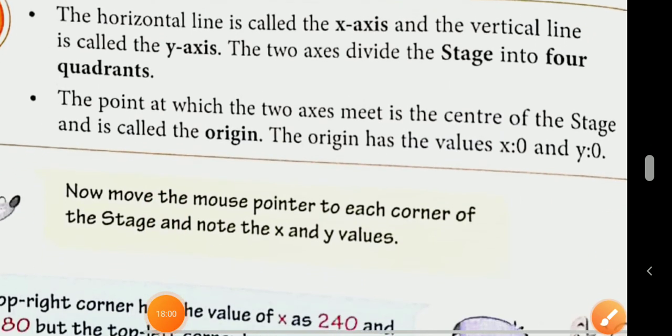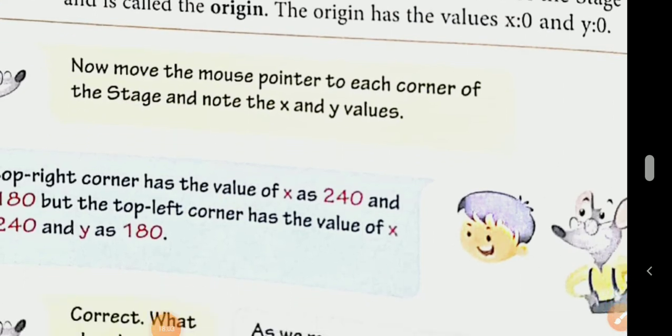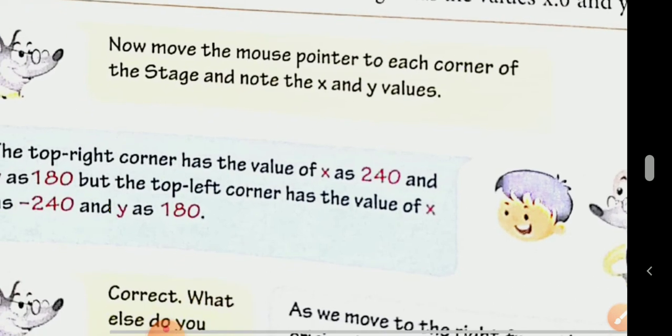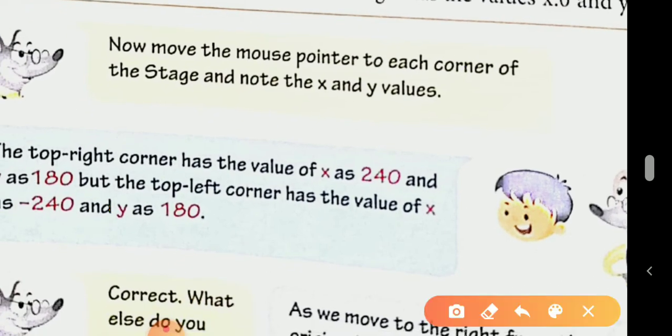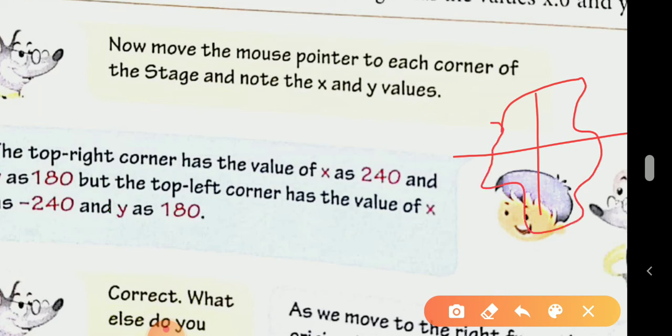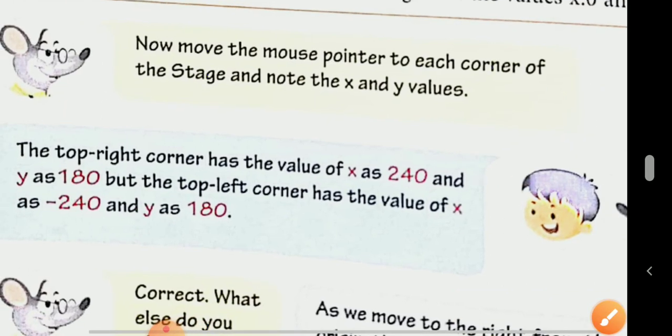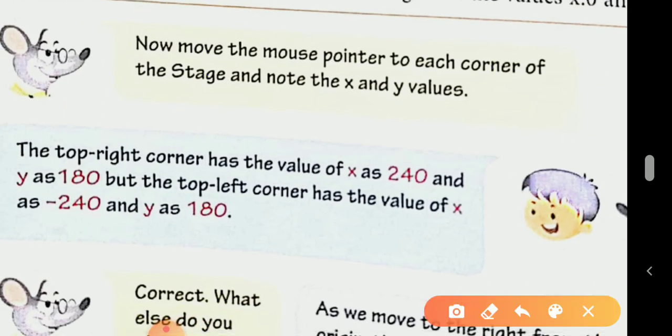Now move the mouse pointer to each corner of the stage and note the x and y values. Here I am moving my mouse from one corner to another. The top right corner has the value of x as 240 and y as 180.